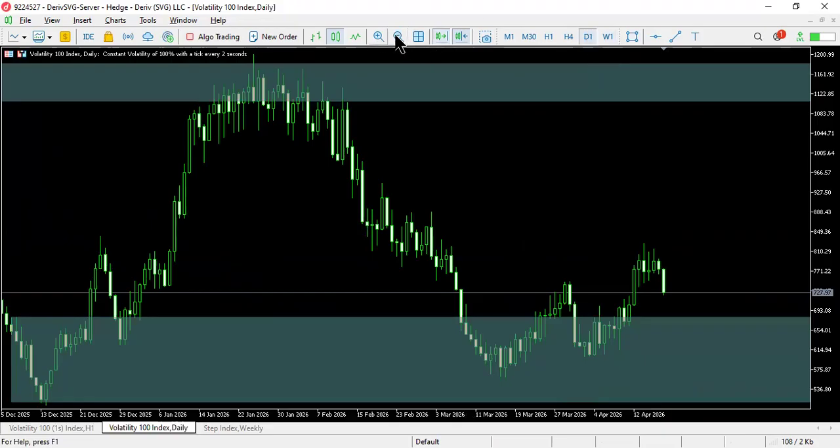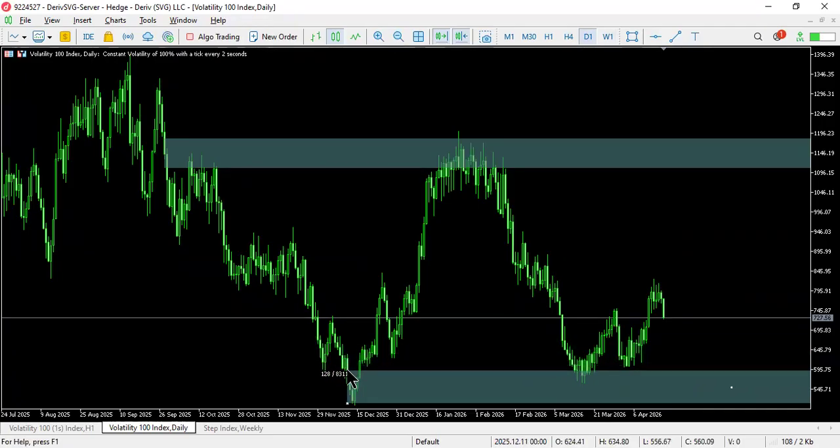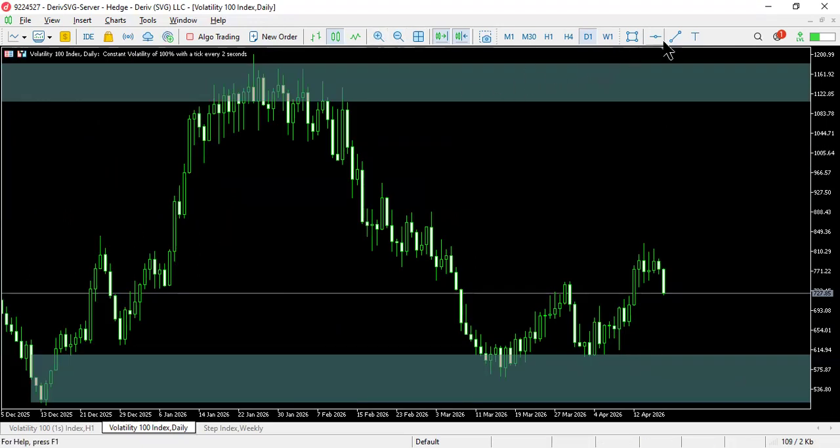Heading over to the daily time frame, I can see we have a break of structure right there.